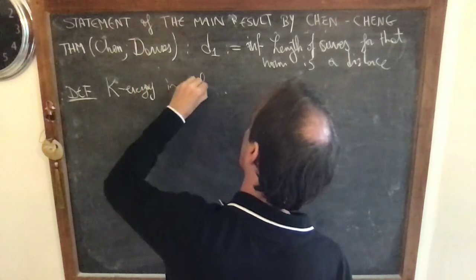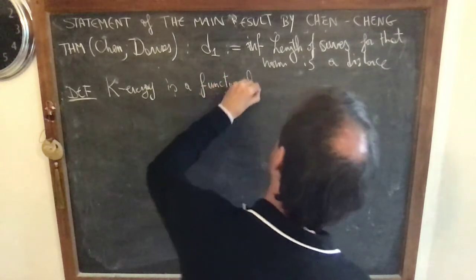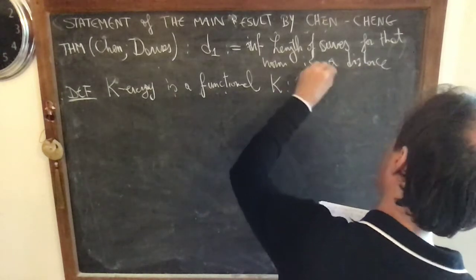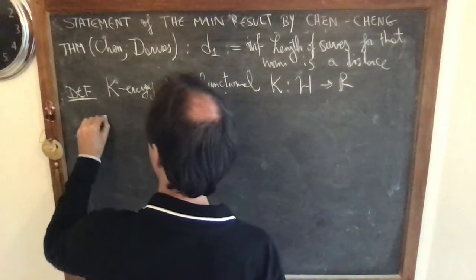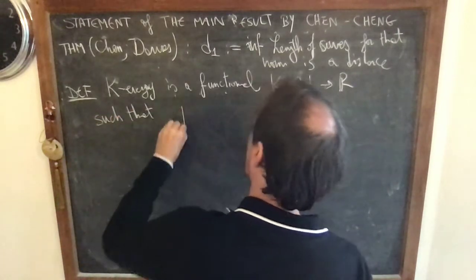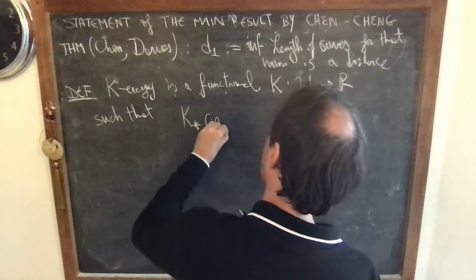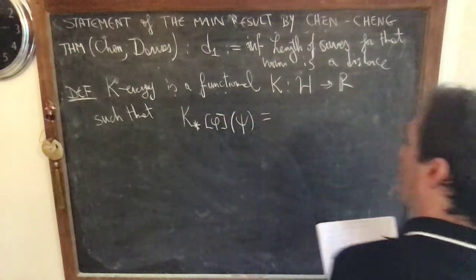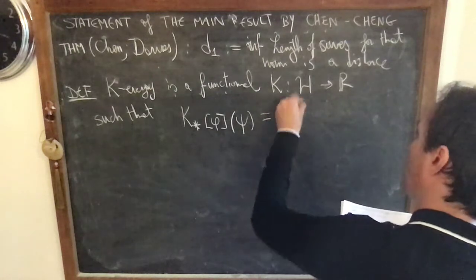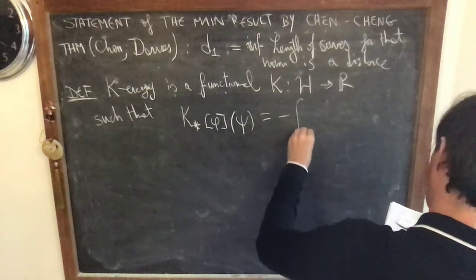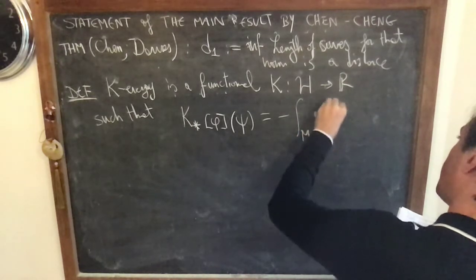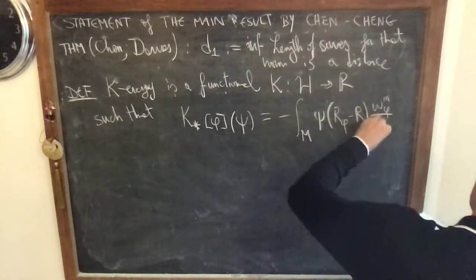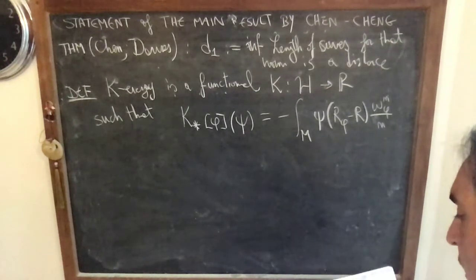It is a functional K from the Kähler class to R such that its push forward at some element of the Kähler class in a tangent vector is minus the integral over M of (R_phi minus R underlined) times omega_phi^n.